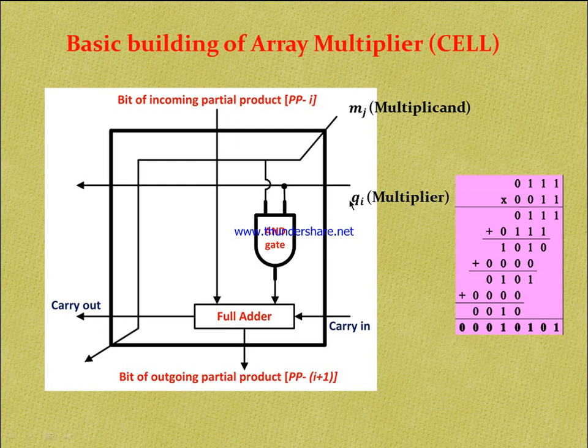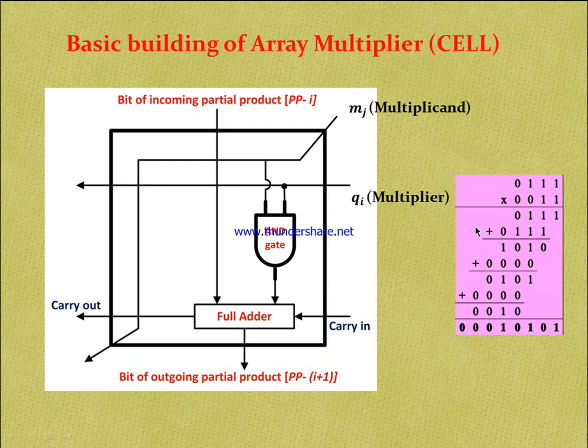That means this multiplier should stay the same. That's why this multiplier bit is input to this particular AND gate, and it is again propagated to the next cell.